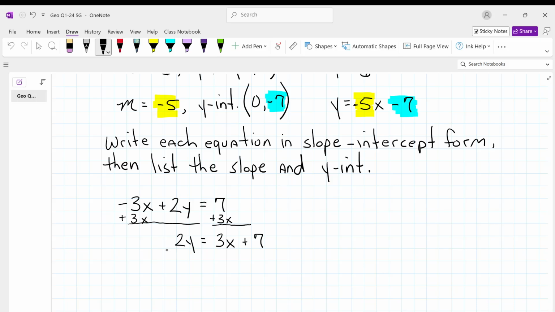Now we have it in the format we want it in, but we need the y by itself. So we have to divide everything in the equation by 2. So our y is equal to 3 over 2x plus 7 over 2.